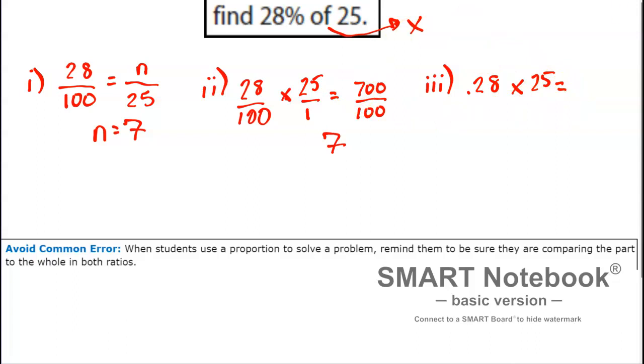Now I'm not going to show all the work for this multiplication. You guys can, but you would get basically 28 times 25 is 700. And because I have the decimal 2 places, I'll move it 1, 2, and the answer again is 7.